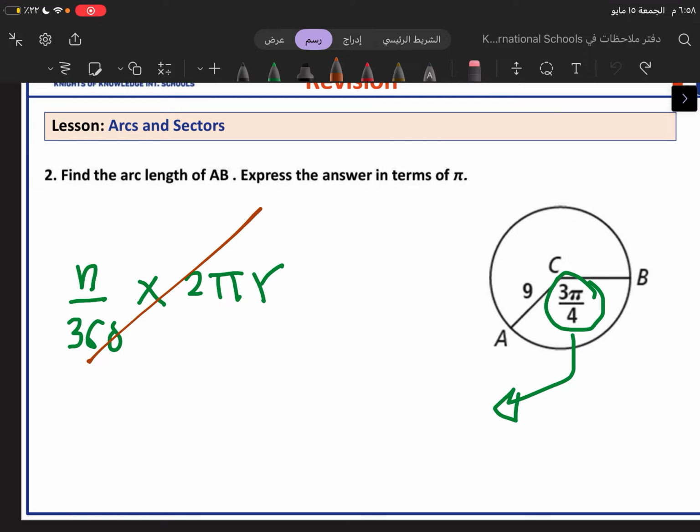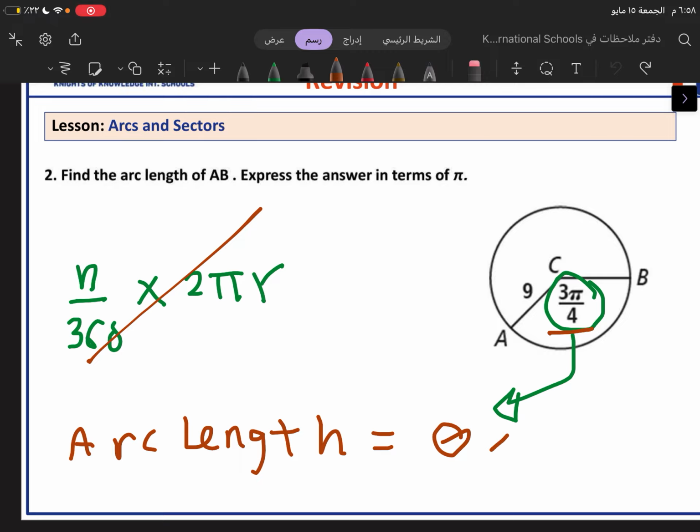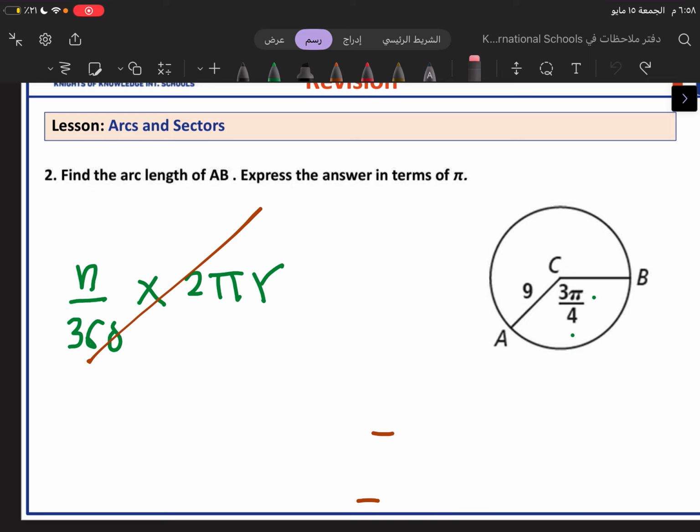Or we can use one more step, but it is not included in your session. So the arc length for this circle will be theta, which is this one, multiplied by r, which is 9. So the answer will be 3 pi over 4 multiplied by 9. Do it on your calculator and you will get the answer. Are you happy with that?